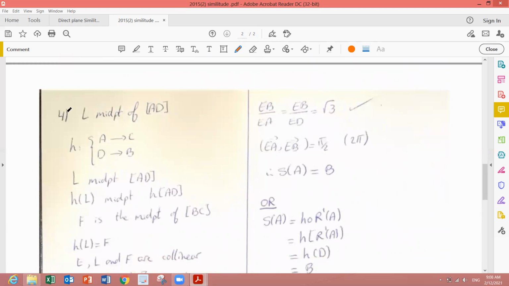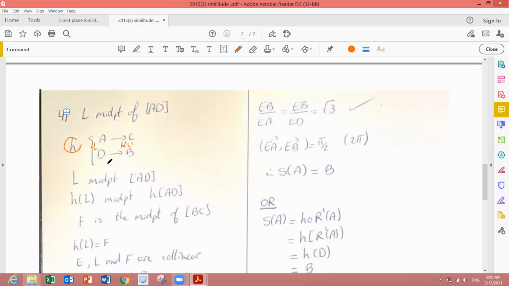So here, L is the midpoint of AD. I have H given: the image of A is C and D is B. Now if L is the midpoint of AD, H of L will be the midpoint of BC.